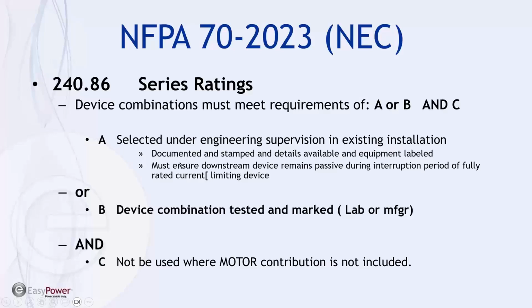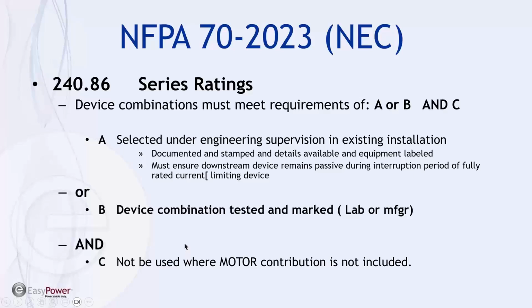It must be documented, and you must ensure that the downstream device remains passive during the interruption period of the fully rated limiting device upstream, or B, the device combination tested and marked by a lab or the manufacturer. So one of these two conditions must be met to be able to qualify as a series rated device, and then the series rated device cannot be used where motor contribution is not included.